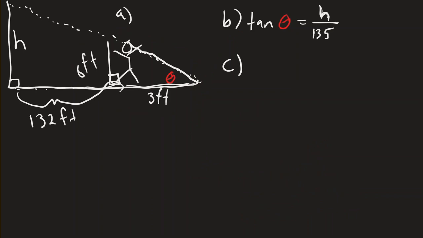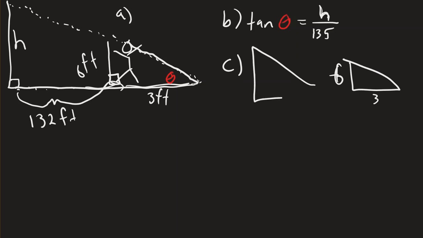So what you have here is you've got similar triangles. You've got the smaller triangle that is 3 by 6, and you've got this bigger triangle that is 135 by h. And I know they're similar triangles because of angle.